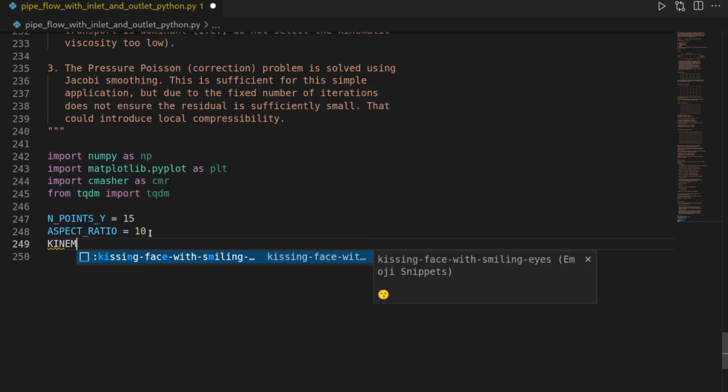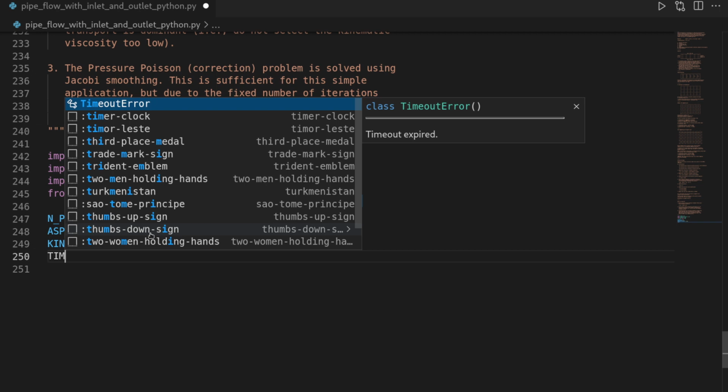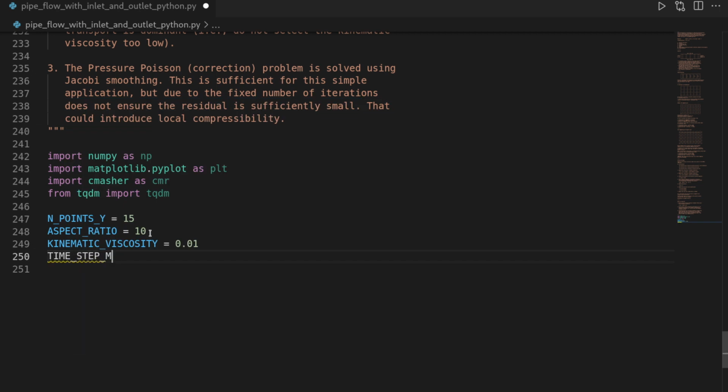Then I want to simulate a flow with a kinematic viscosity of 0.01 with a time step length equal to 0.001, and then I want to simulate 5,000 time steps.